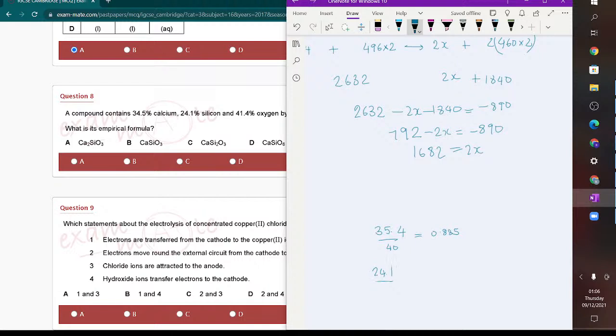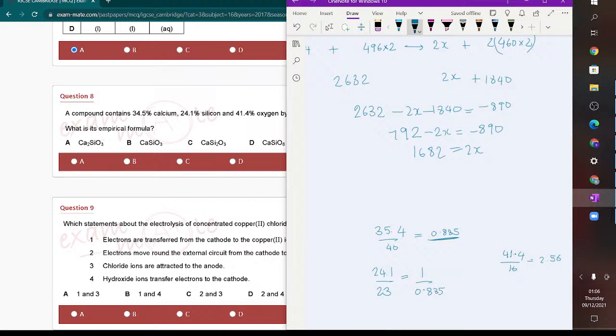What do we take, 24.1? Let's take 23, it does not matter much. 24.1 upon 23, 1.13. And oxygen, 41.4 upon 16, 2.56. Actually, this is the lowest, so let's divide everything by it.